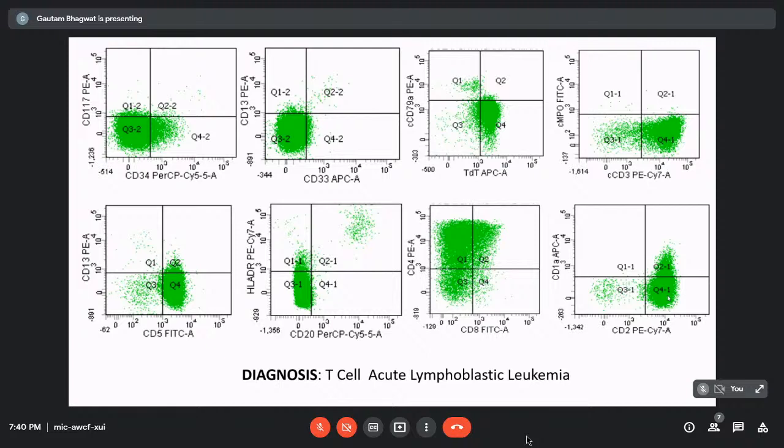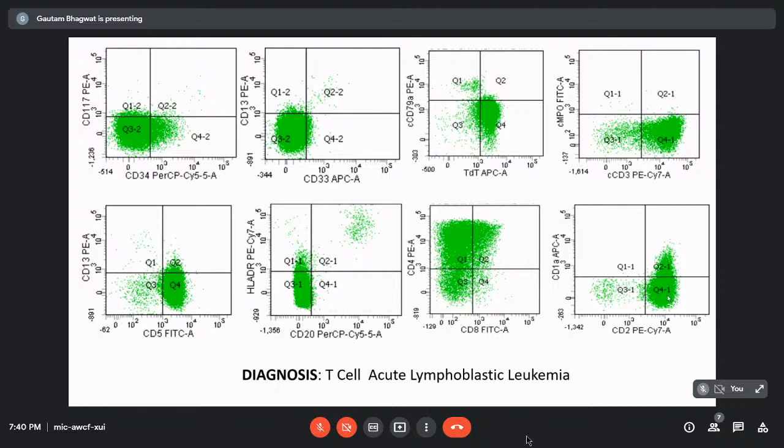First is a new entity which has been added, that is ETP-ALL, which is around a decade old entity with not so good prognosis. Now in ETP-ALL, the T cell markers are present. You would have one or two myeloid markers or the stem cell markers.